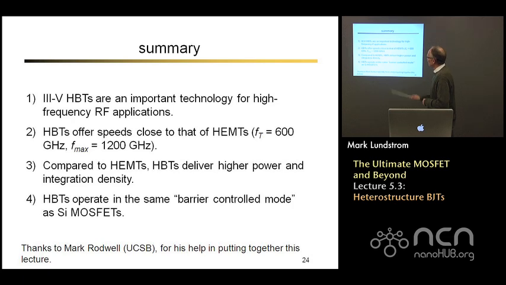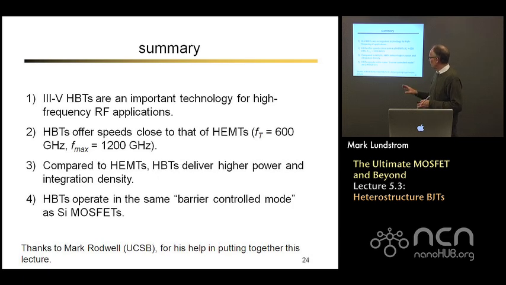So to wrap up, III-V HBTs are an important technology for high frequency applications. They offer speeds that are very close to HEMTs. These numbers are close to the ones that we quoted for HEMTs, above terahertz fmax. If you compare them to HEMTs, they deliver higher powers. It's actually easier to get higher integration densities with them.